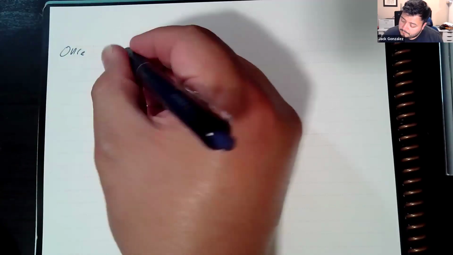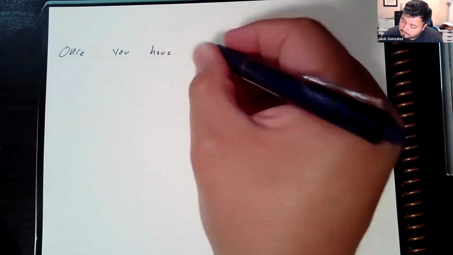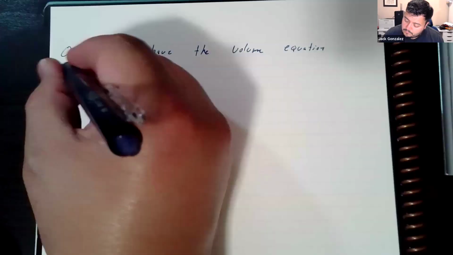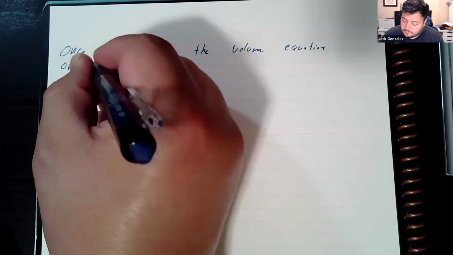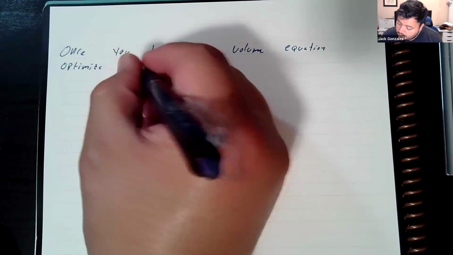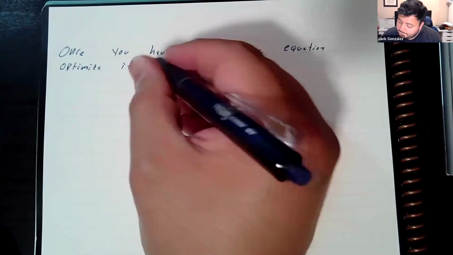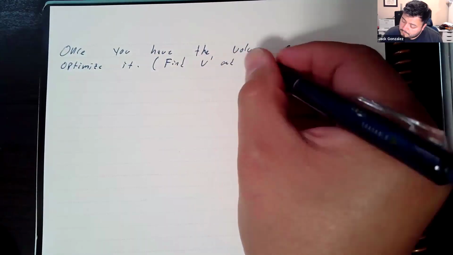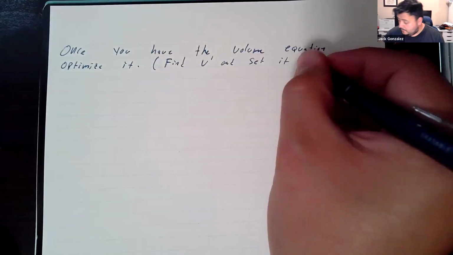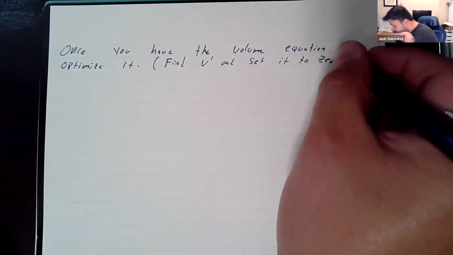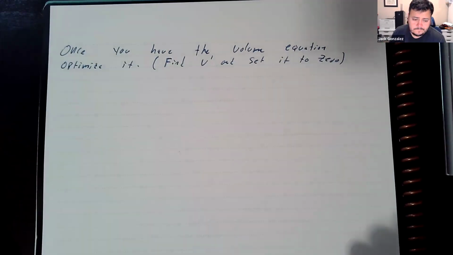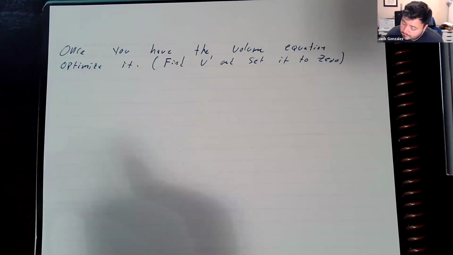You have the volume equation. Optimize it. Find v prime and set it to 0. All right. There we go.